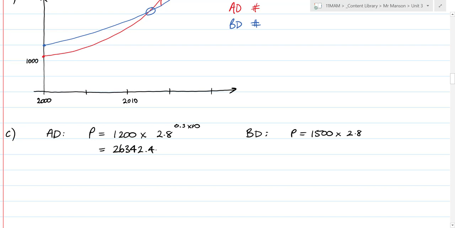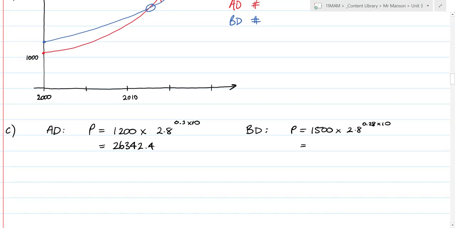And this one's 0.28 times 10. And this will see if the populations have passed each other by the 10th year or not. So not quite. Ubba Dubba hasn't quite caught up to Bubba Dubba yet. A pretty good approximation, and that question's going to come.